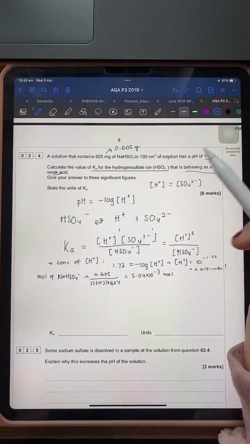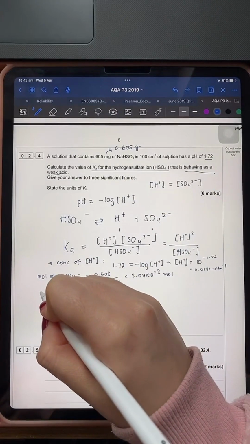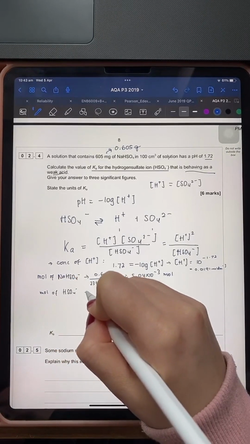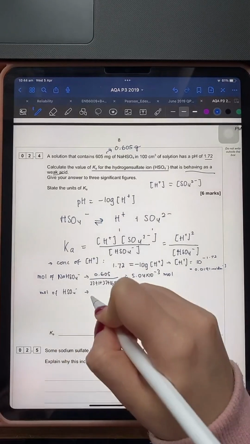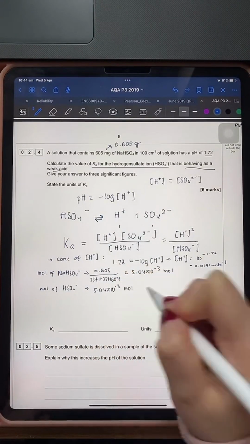In the splitting, they will again be 1:1. And so, the moles of HSO4 minus will be the same, 5.04 times 10 to the minus 3 moles.